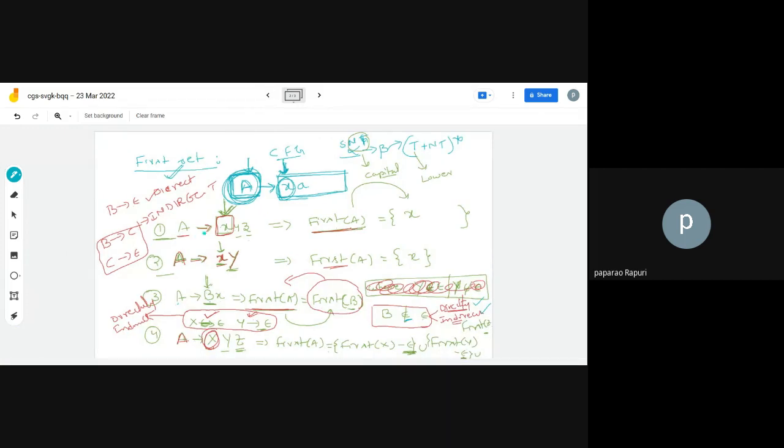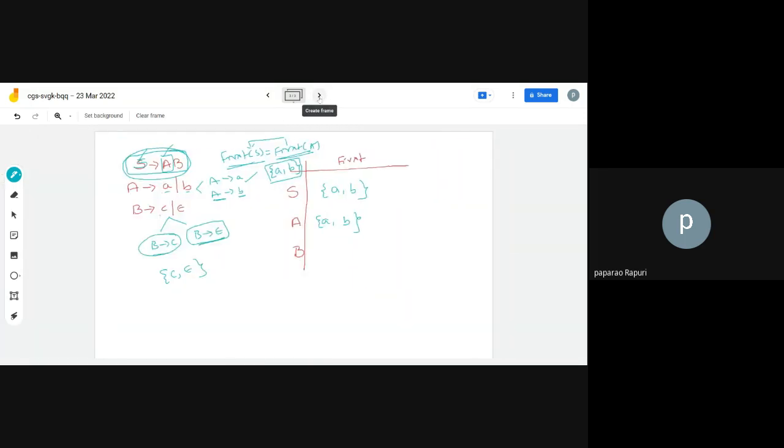Here a terminal is there, and here a non-terminal is there, and it is producing first of A equals first of B. Sir, there is no A derives epsilon. What we have to do in any case, if we get any non-terminal that is only producing epsilon, then the first of A is equal to epsilon.